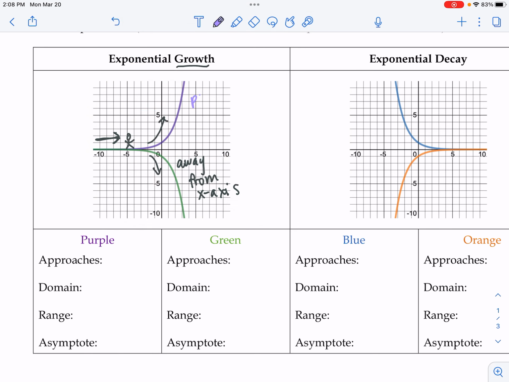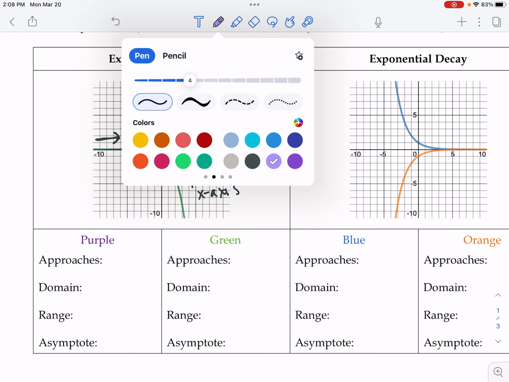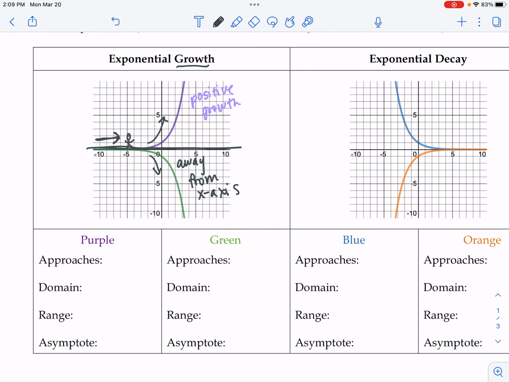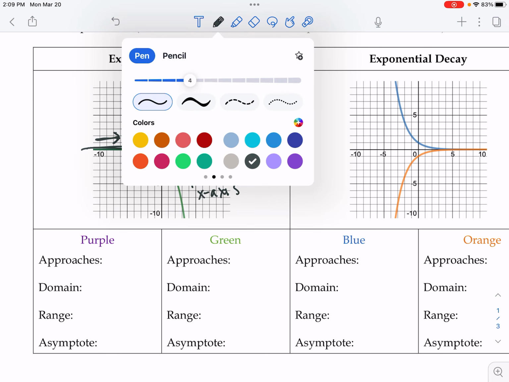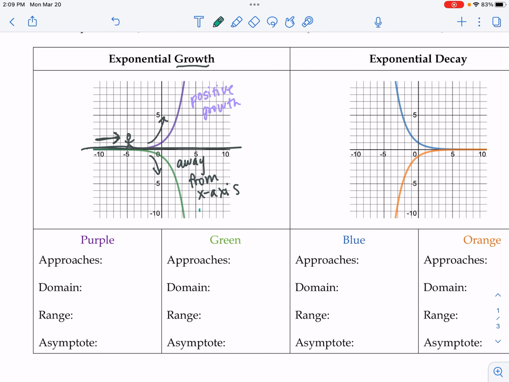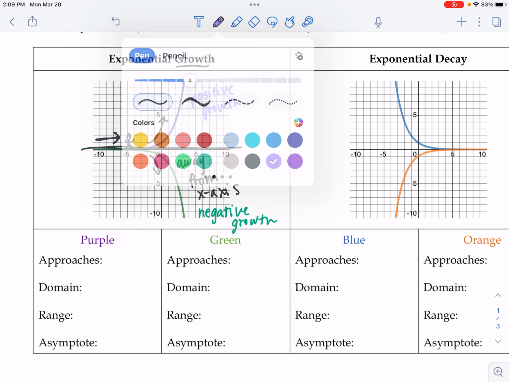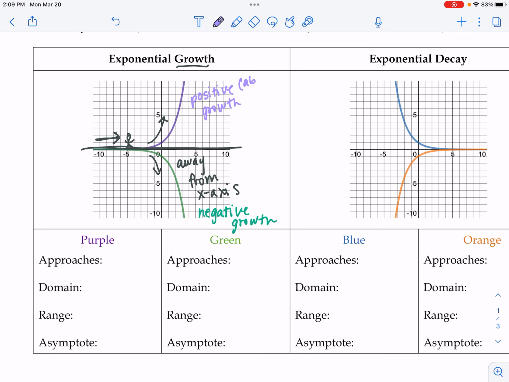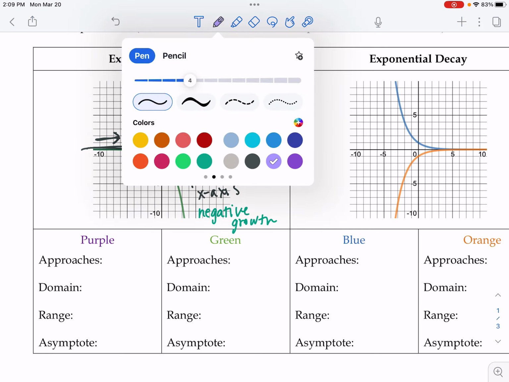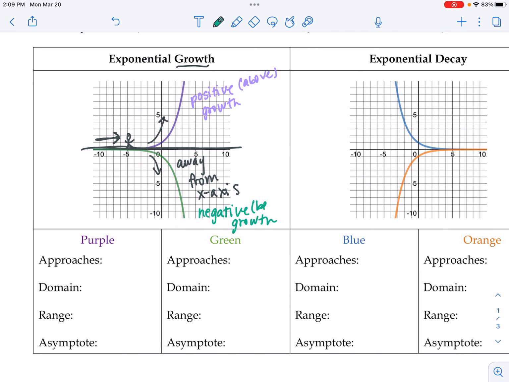In the purple case, that's positive growth because it is above the x-axis, whereas the green would be what we call negative growth because it's below. So in this case, positive is above, negative is below.